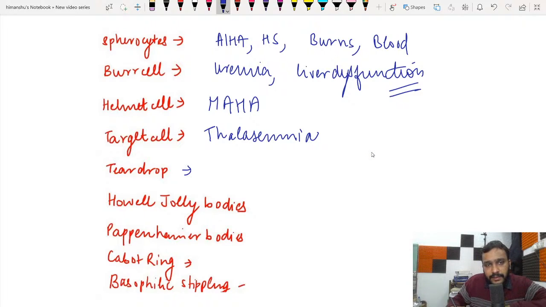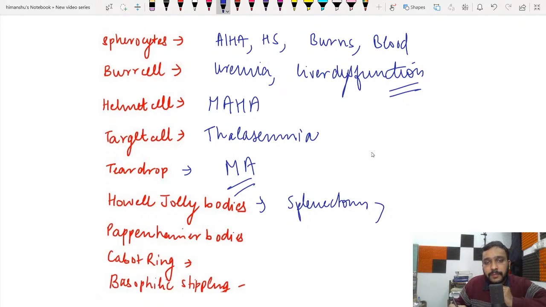So teardrop cell is seen in myelophthisic anemia. Howell Jolly bodies we have discussed. It is seen after splenectomy, and it can be seen in hemolytic anemias.